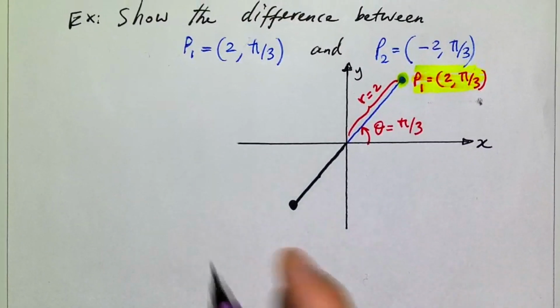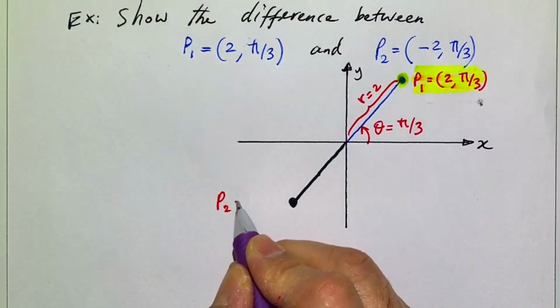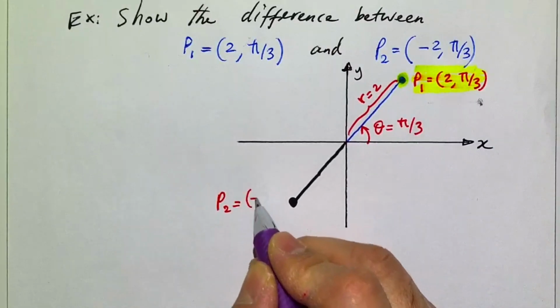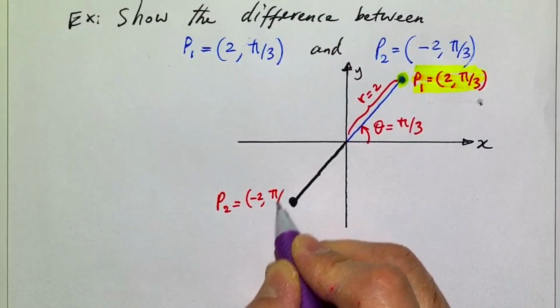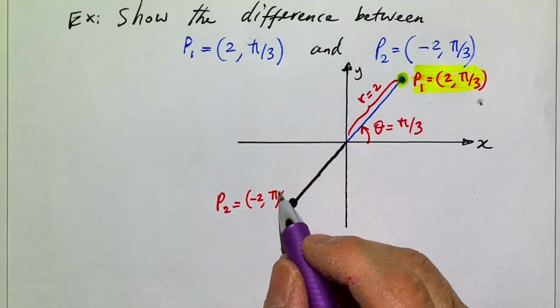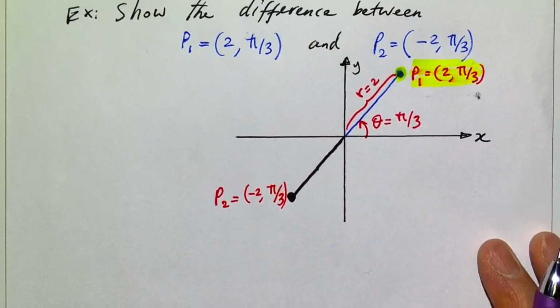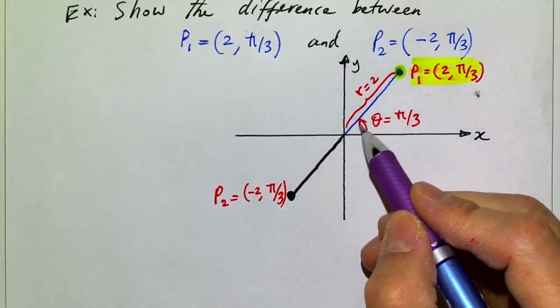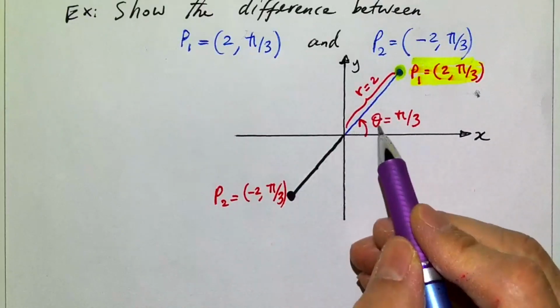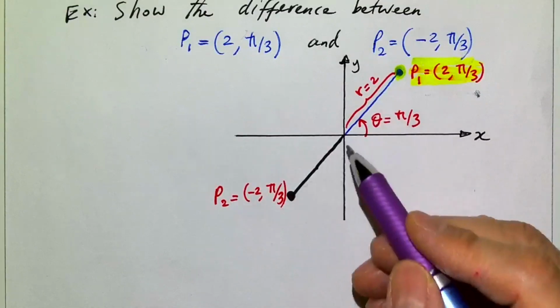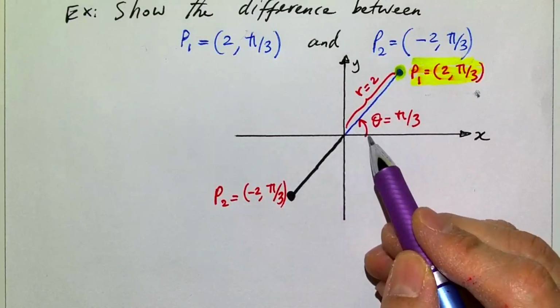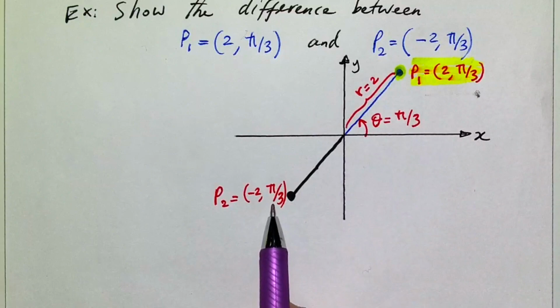And then this one, we have P2 equaling minus 2 comma pi over 3. So this is important, right? Because even though this location is theta plus pi from the positive x-axis, notice that the theta is still saying pi over 3.